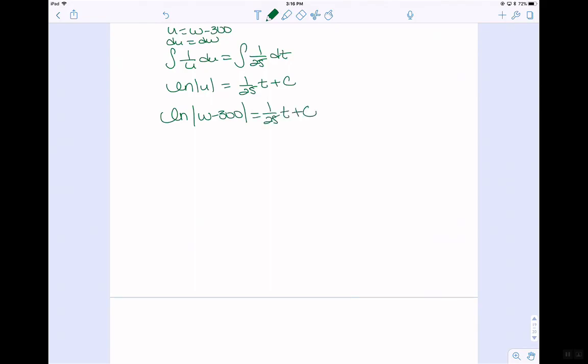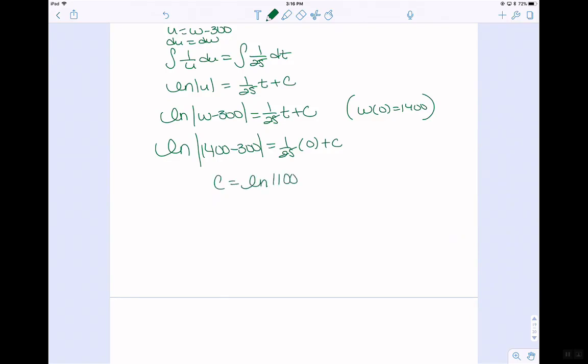And again, just like I normally do, I would use my initial condition at this point. So my initial condition is W of 0 is equal to 1400. So ln of 1400 minus 300 is equal to 1/25 times 0 plus C. So my C is equal to the ln of 1100.